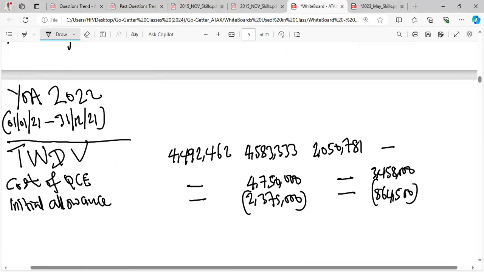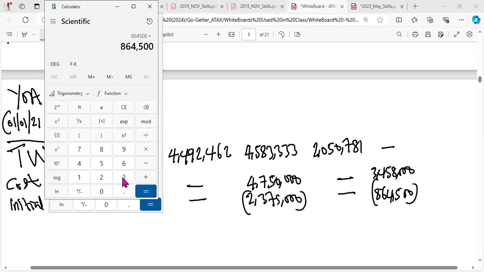So I'm going to add it now. I will add 2,375,000 to it. That will give me 3,239,500.